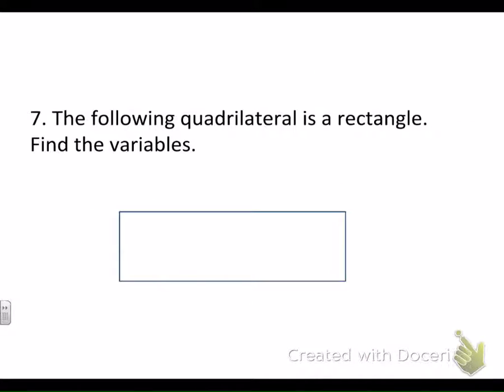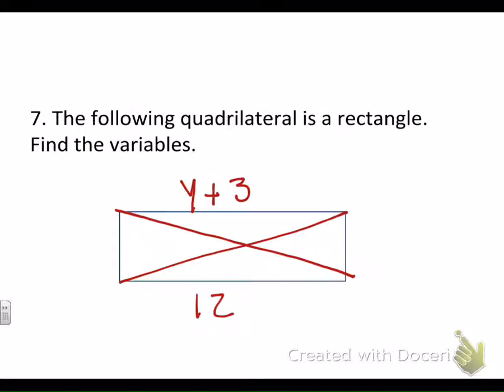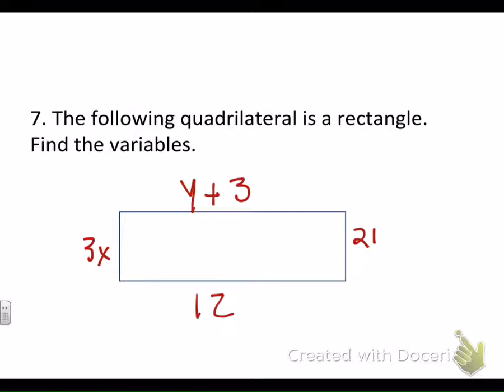Alright, let's solve for the variables. To find y, we're going to do y plus 3 is equal to 12, because we know these are congruent.